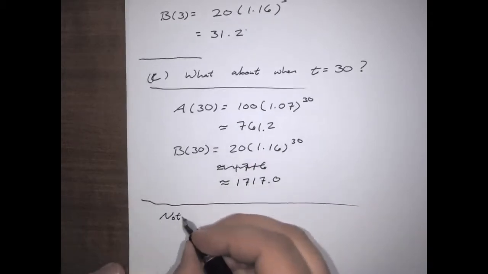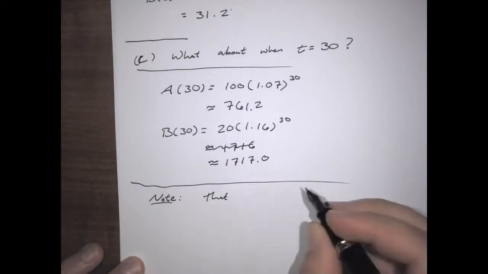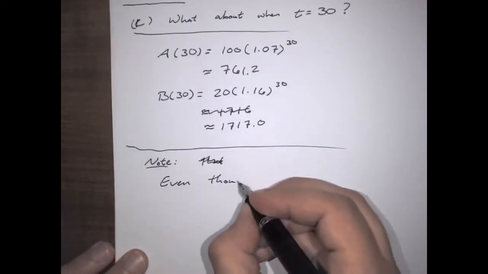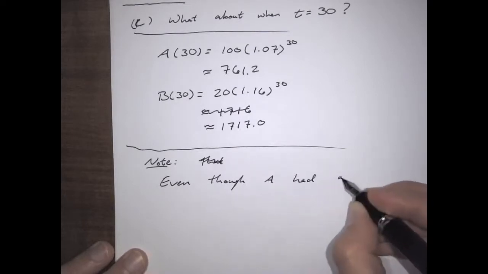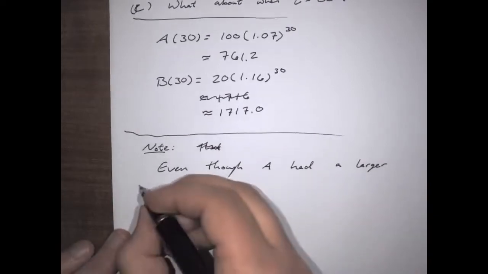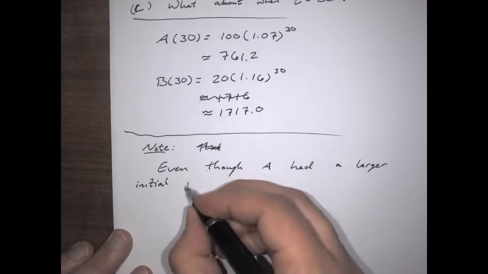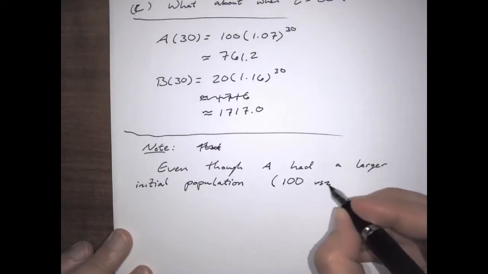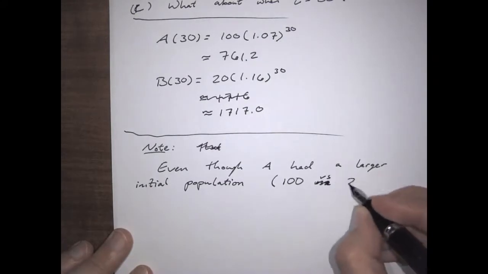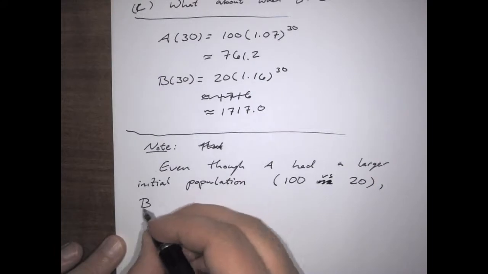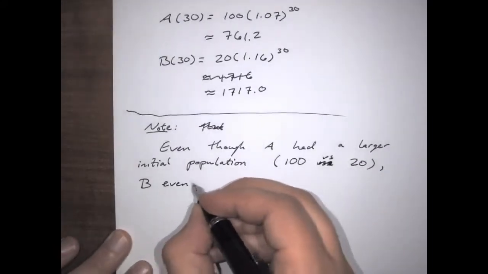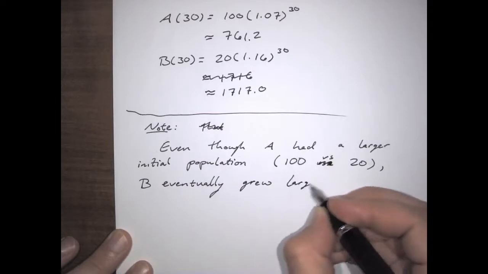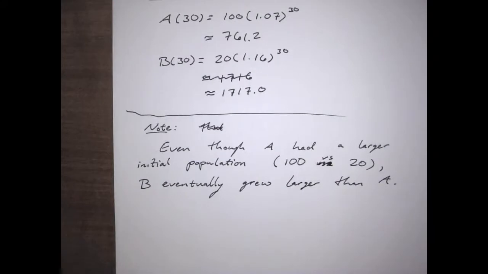So note, even though A had a larger initial population, 100 versus 20, B eventually grew larger than A, and this will always happen.